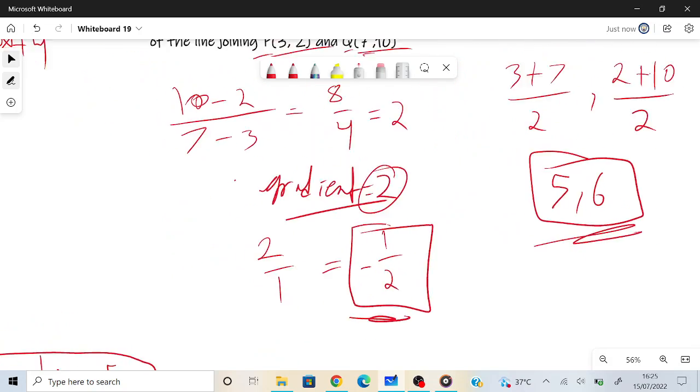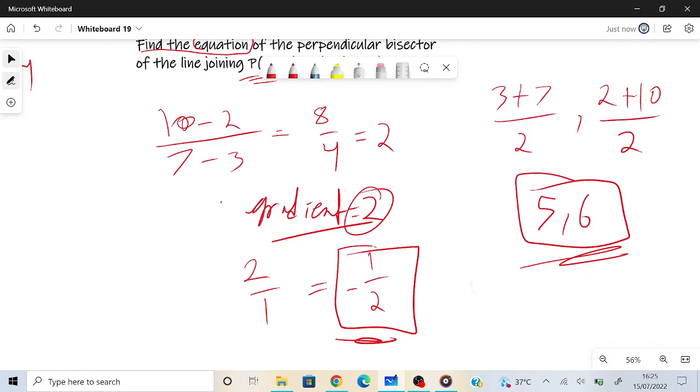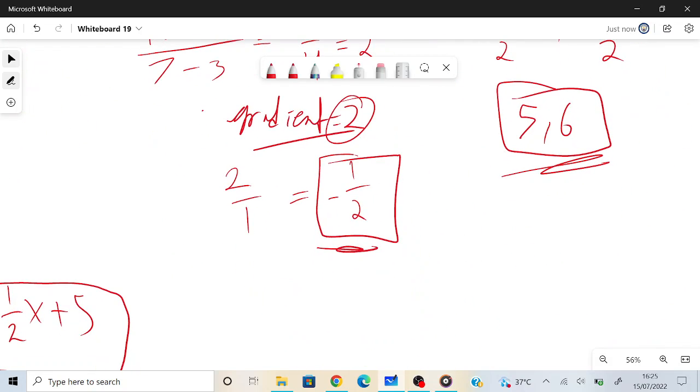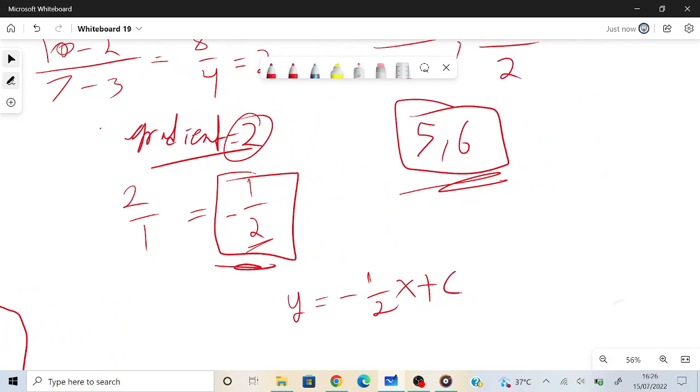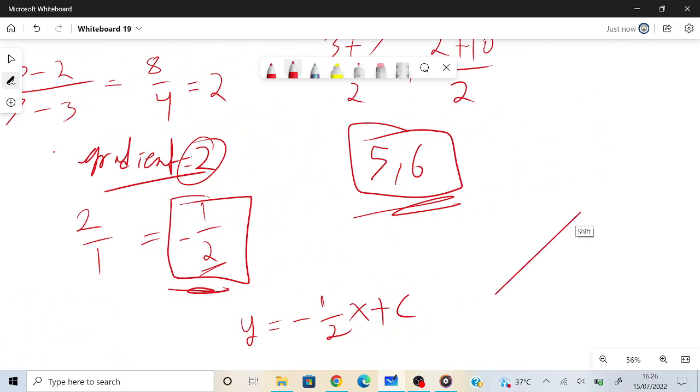Now, since it told us to find the equation of the perpendicular bisector, and the gradient is minus 1 over 2, we have something like y equals minus half x plus c. Now, why exactly did we find the midpoint? Let's say this is the original straight line, PQ, and we're trying to find the perpendicular line to it. Let's say it goes something like here.